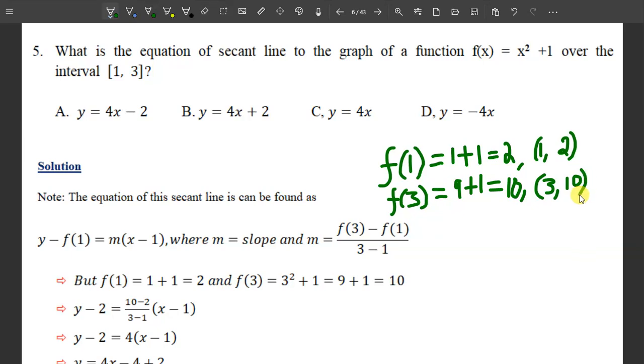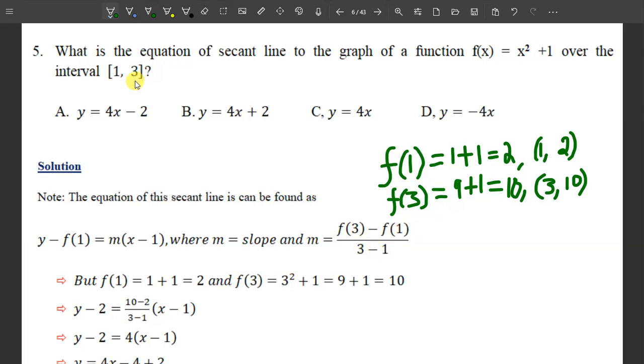Using the 2-point form of the equation of the line, we can simply find the equation of that secant line, which means we can obtain, using these 2 points, the slope of the secant line as such here, where m is equal to slope, and this is equal to the average rate of change that we have already said. M is equal to f of 3 minus f of 1 over 3 minus 1. This is the interval.